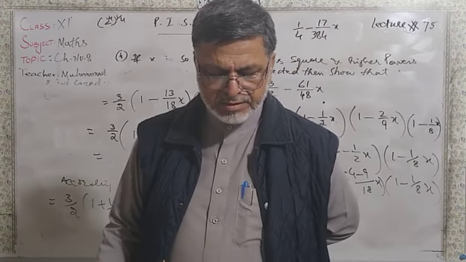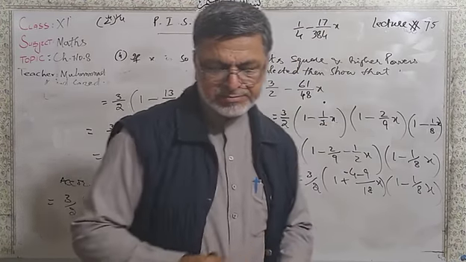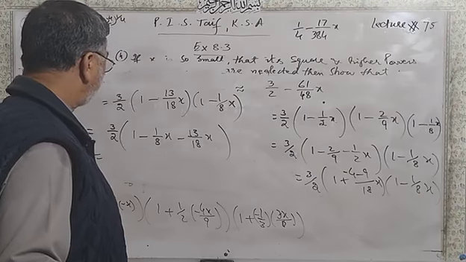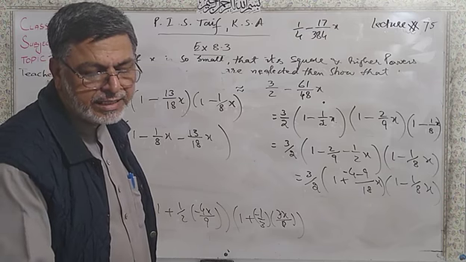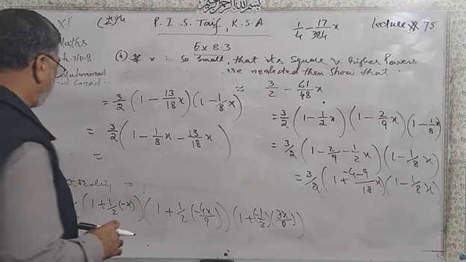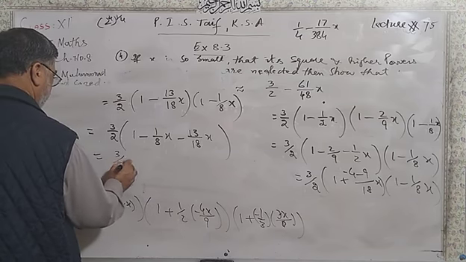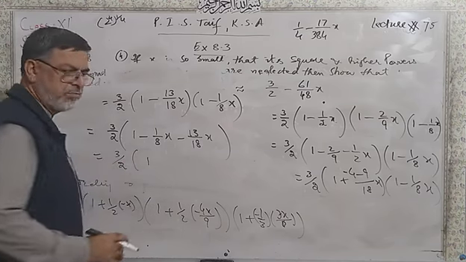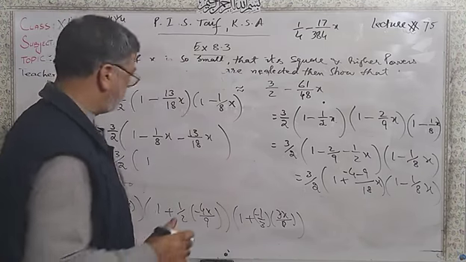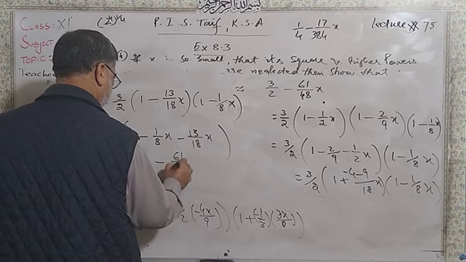Yes, dear students, 3 over 2 into 1 minus 13 over 18x and 1 minus x over 8. So this can be 3 over 2 into 1 minus 61 over 72x.